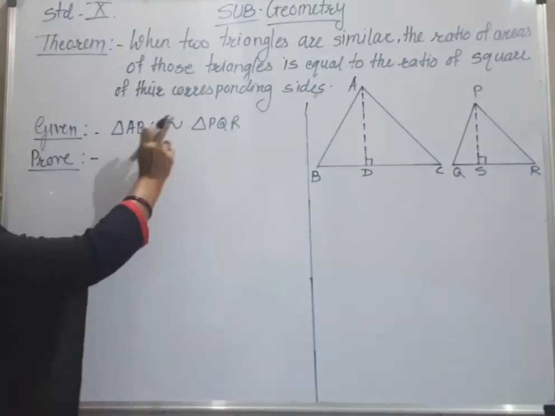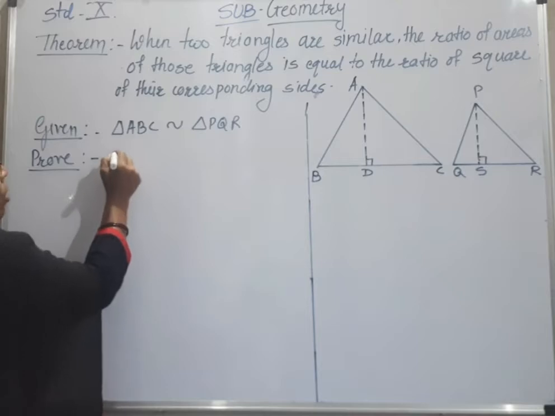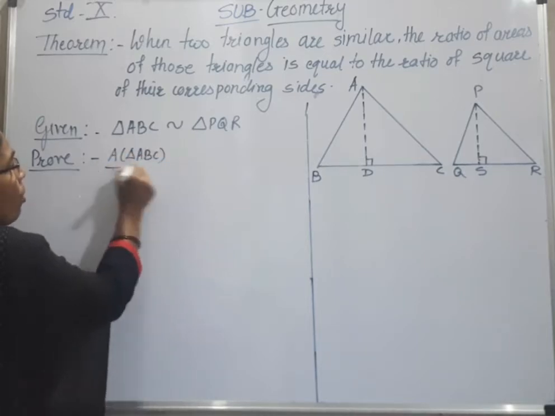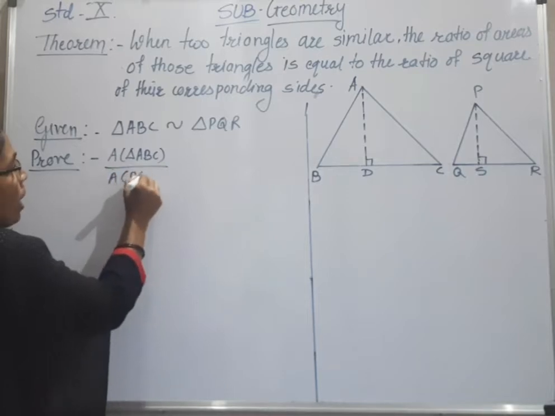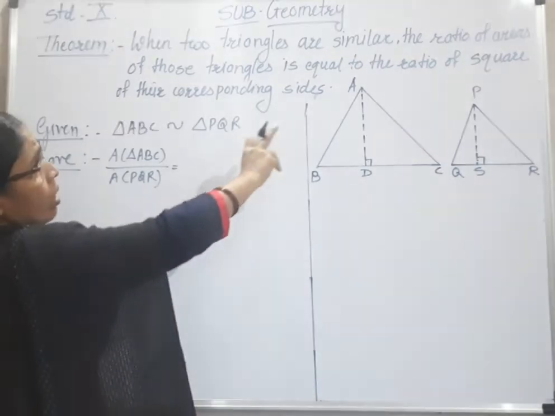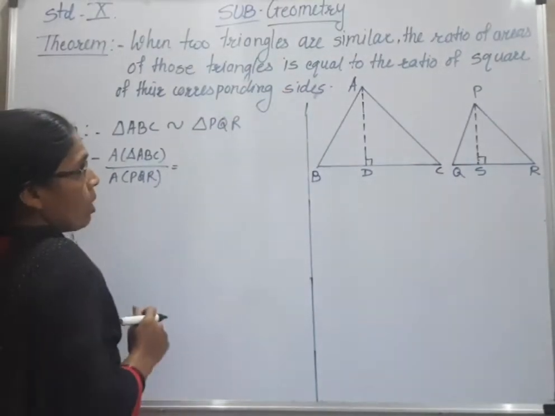Now what do we have to prove here? The ratio of areas: area of triangle ABC upon area of triangle PQR is equal to the ratio of squares of their corresponding sides.